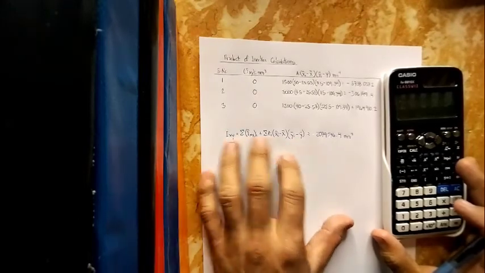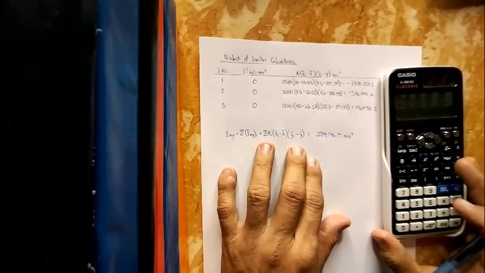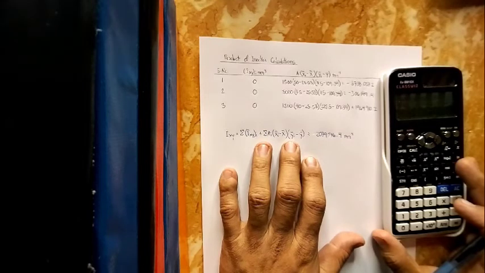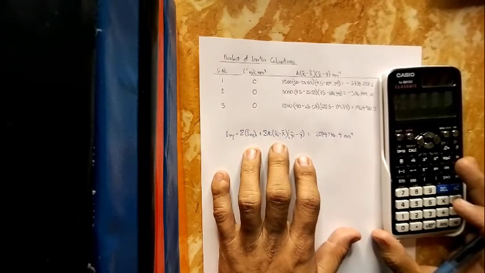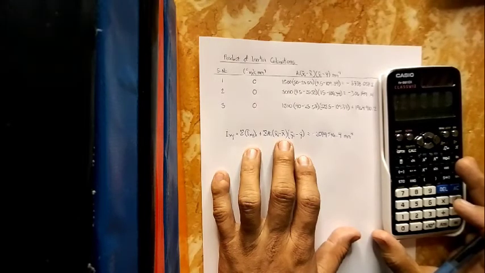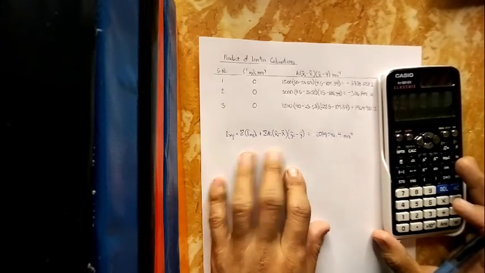Ngayon, ito yung formula para makuha natin ang product of inertia of composite section about its centroidal axis.